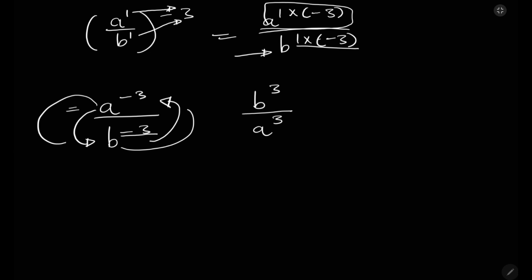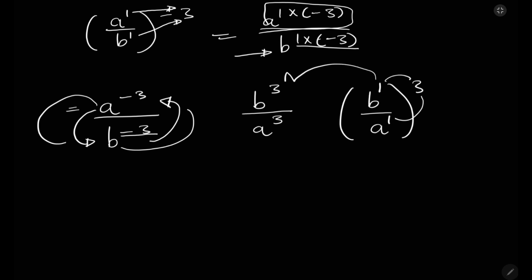The sign of your exponent changes, okay, from negative to positive. So if you had to factor this out, this will be in a bracket b over a to the power 3. That way you know that you just FOIL, you'll say 1 times 3, which is 3, then 1 times 3, which is 3. So it'll take you back to that step.